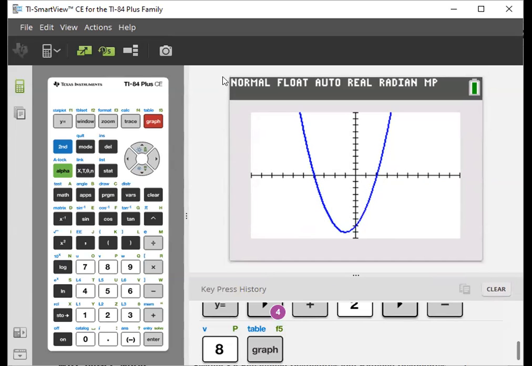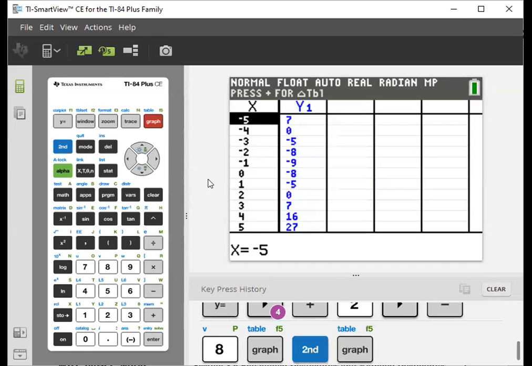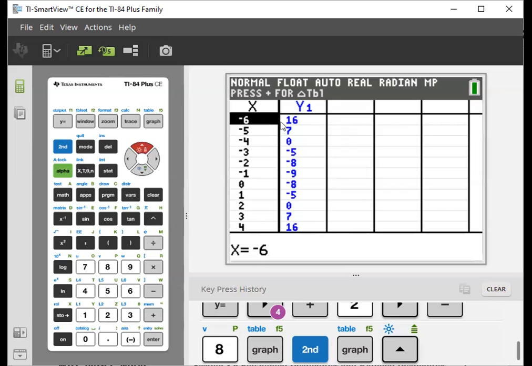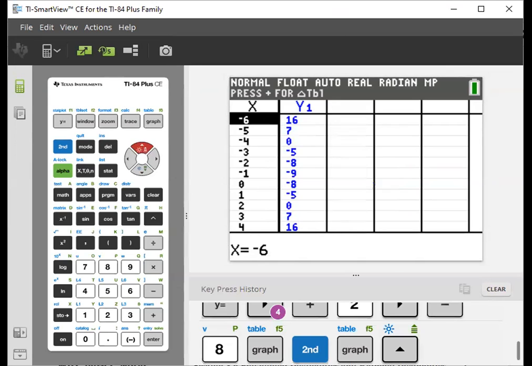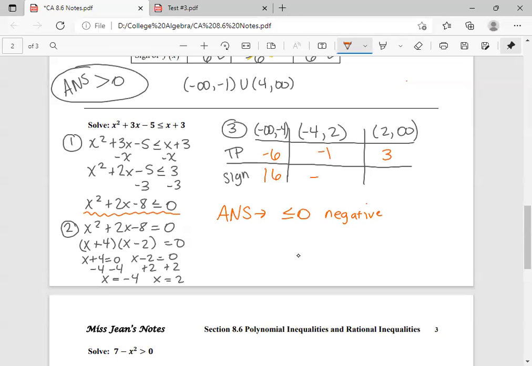So the next thing I'm going to do is go to my table and write down the points. We said -6. So -6 gives us an answer of 16. -1 was -9, and 3 is 7. So I'm going to jot down, we got 16, -9, and 7.